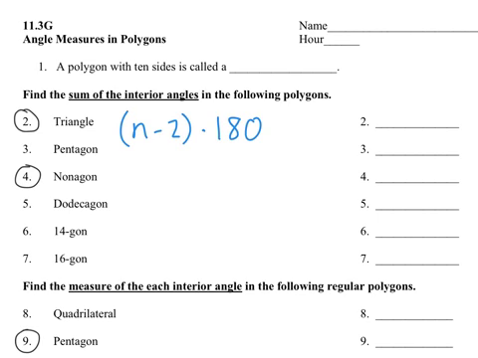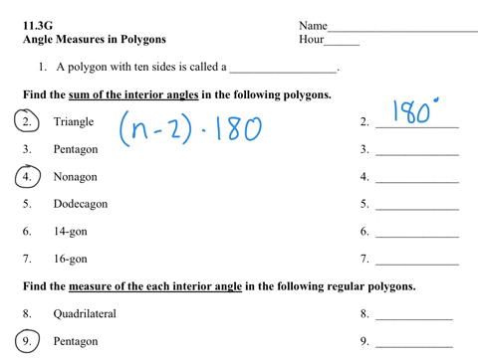Now, in number 2, we don't really need to do that. We know that a triangle has to add up to 180 degrees. But if you were to apply the formula, a triangle has 3 angles. That's what n stands for, the number of angles in the polygon. So 3 minus 2 is 1, and then 1 times 180 is 180.